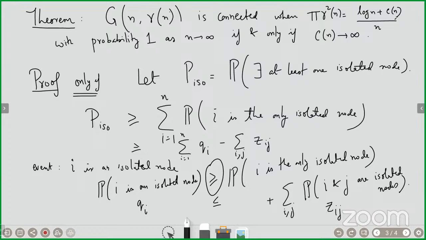That should have been obvious. This is an isolated node, so it includes the case that I'm the only one as well as everybody else. This doesn't preclude the possibility that I'm the only one. This precludes the possibility. So definitely this has to imply this.